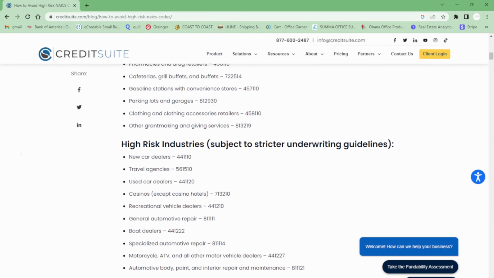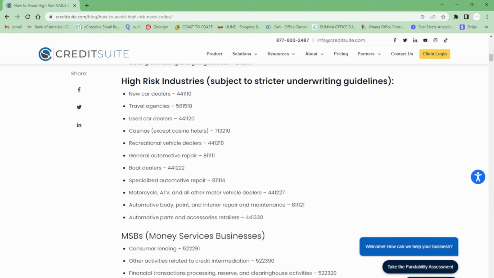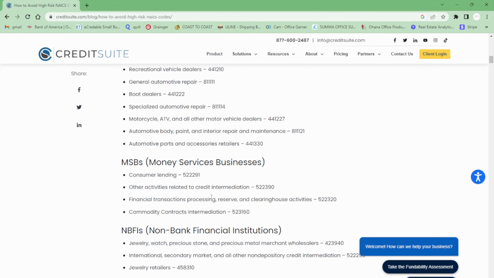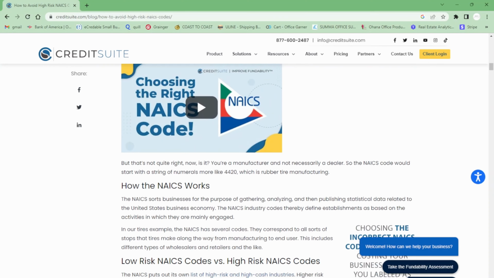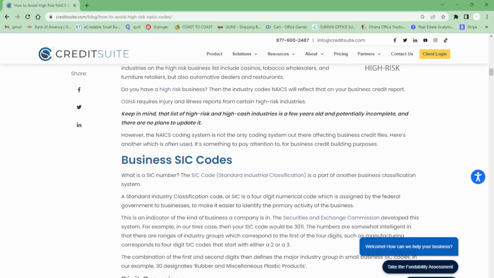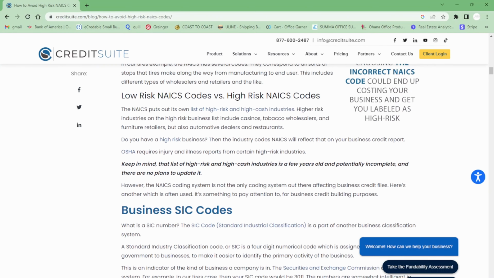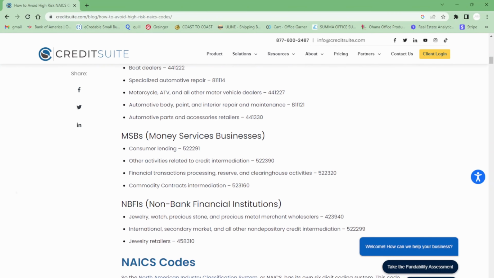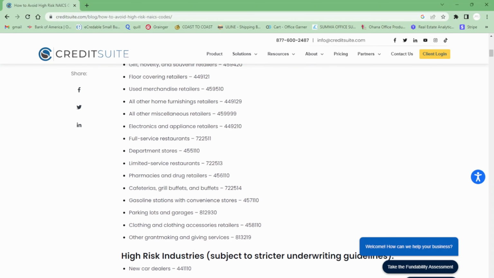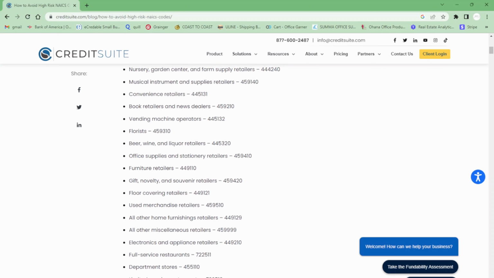So it says high risk industries. You've seen this: money service businesses, consumer lending, financial transactions, stuff like that. Let's see if it goes down here. Okay, that doesn't. So I'll just throw in a few more high risk. Like I said, trucking. I know trucking's under automotive, but that's also high risk.